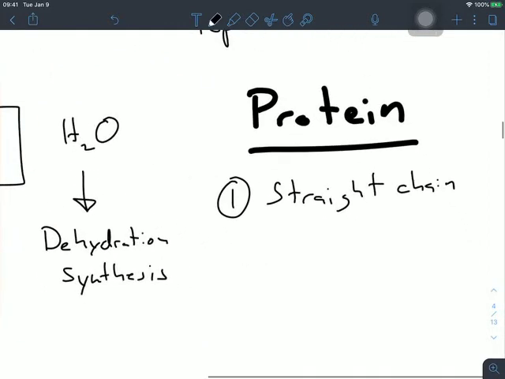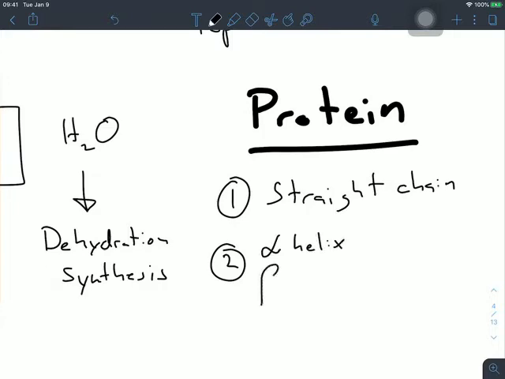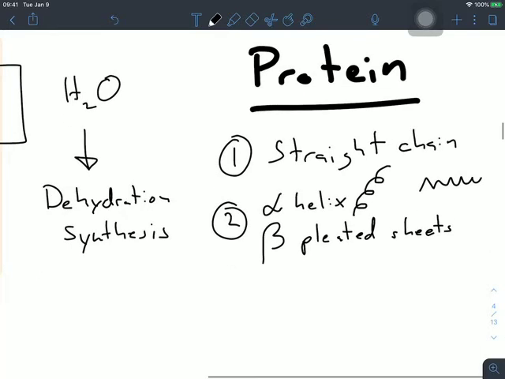But once enough of them are sticking out there, you will see that protein start to fold. And it folds into helixes, or alpha helixes, and beta pleated sheets. So that kind of looks like a corrugated roof, something that bends. Beta pleated sheet, or an alpha helix, kind of like a corkscrew. Those are your two different structures that define your secondary structure.